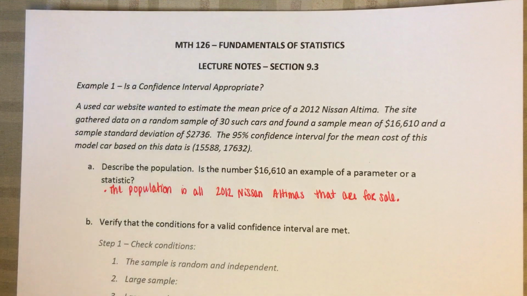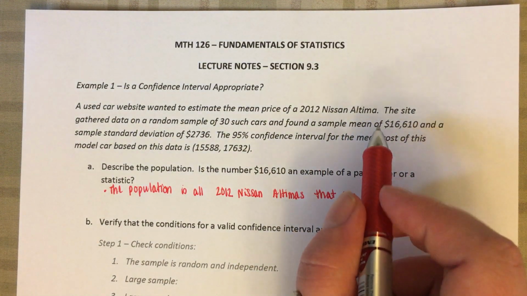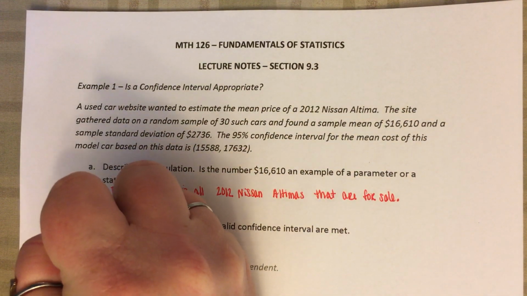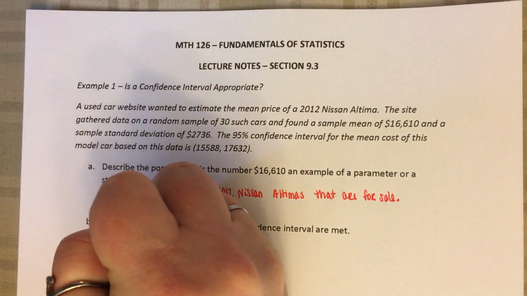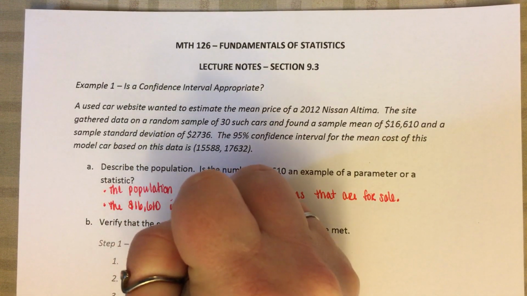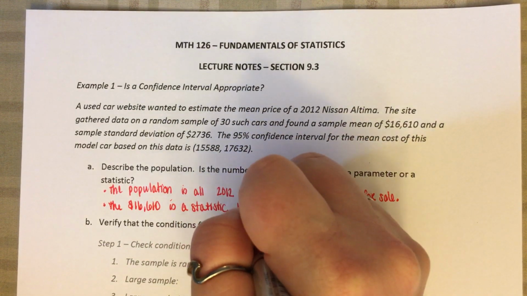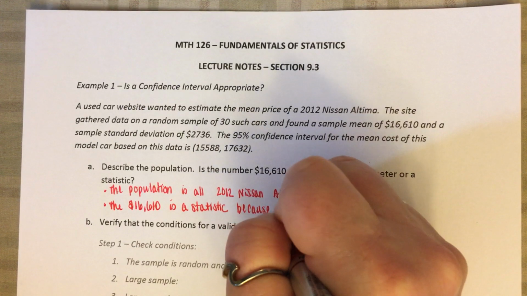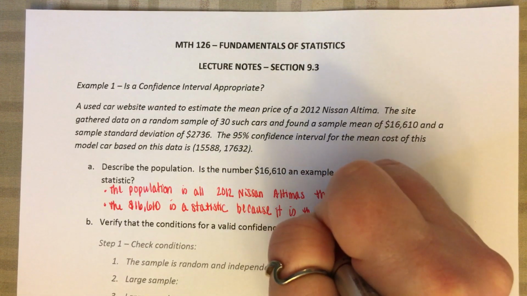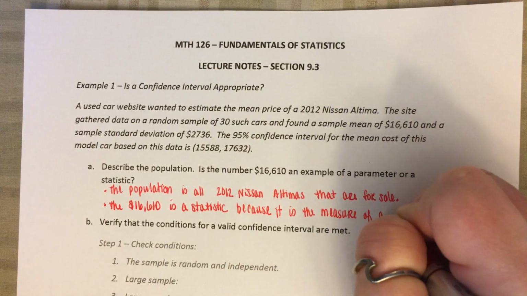Is the number 16,610 an example of a parameter or a statistic? We are looking at the 16,610 as a sample mean, so the 16,610 is a statistic because it is the measure of a sample.